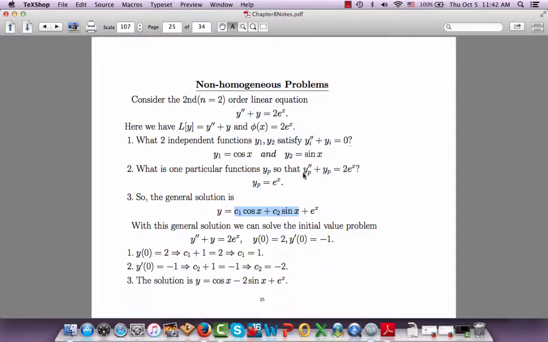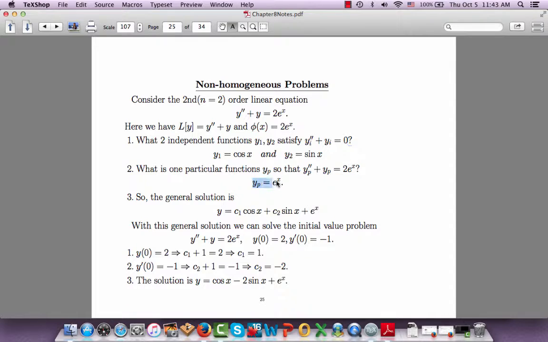So then we can look at the general equation and we say, I want a particular function such that when I take its second derivative and add it to itself, I get 2 times e to the x. Well, again, just by thinking about this for a little bit, e to the x is its own derivative, which means it's also its own second derivative and third derivative.